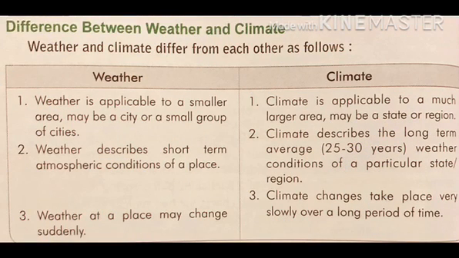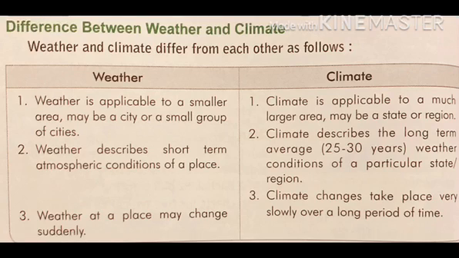Now the difference between weather and climate. Weather and climate differ from each other as follows. Weather is applicable to a smaller area, maybe a city or a small group of cities, whereas climate is applicable to a much larger area, maybe a state or a region.